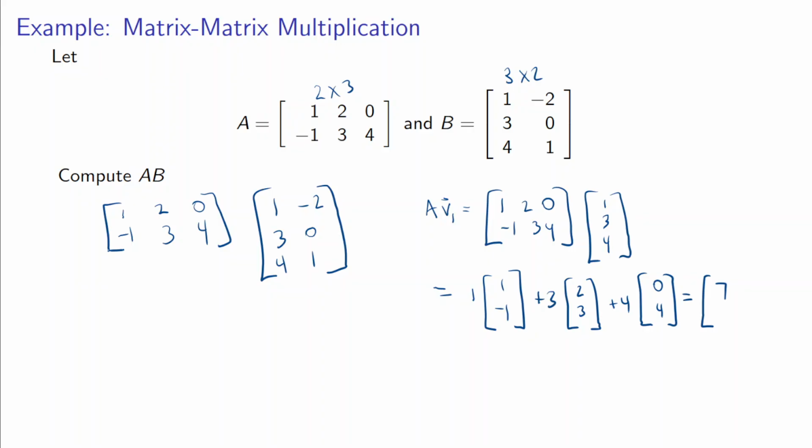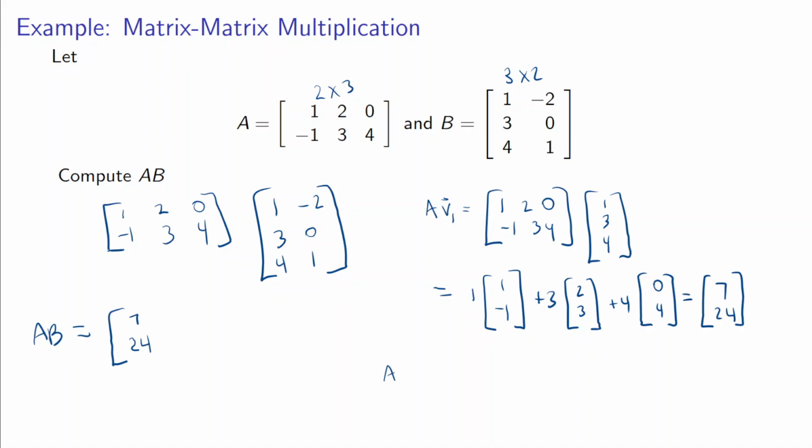And then we get negative 1 plus 9, which is 8, plus 16, so that looks like 24. So this AV1 is going to be the first column in the matrix product A times B. So maybe over here, we'll start to construct that. So AB is going to ultimately equal (7, 24) as its first column.